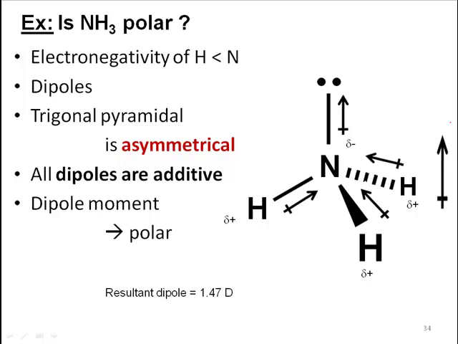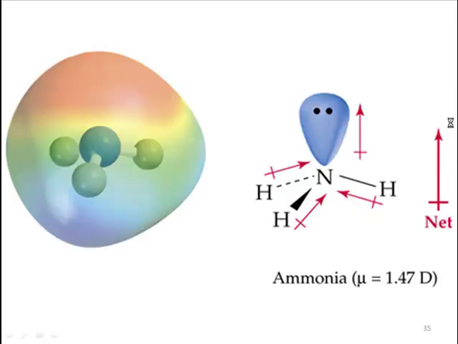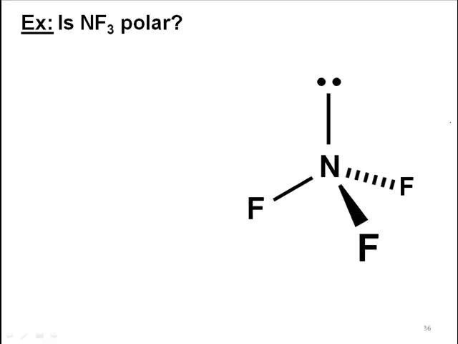What would happen if you had F's instead of H's? Here's NF3. Instead of having H's, we got F's. Which one's more electronegative, N or F? F is. So which way would the dipoles be pointing? Down in the three directions, and if you add them all up, that will be a net dipole pointing downwards.